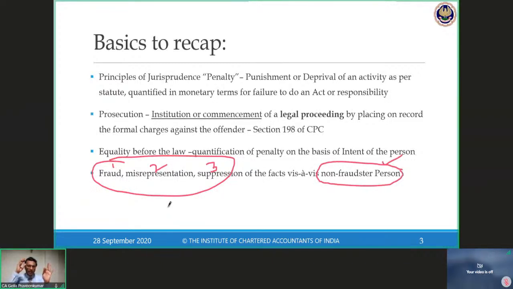I would recommend all of you to read the provisions of section 73 and section 74, not from a theoretical point of view but from the practical application, how best we can bring in this element called non-fraudster. So this is one important aspect we need to keep at the back of our mind. As we walk through the provisions, I'll explain how we can put an assessee into this bucket called non-fraudster person.